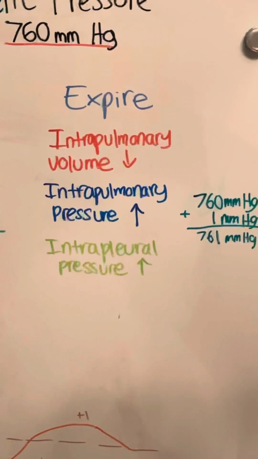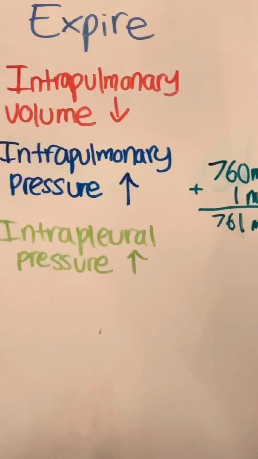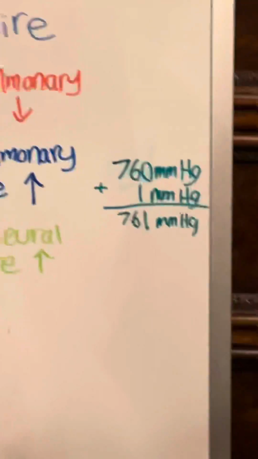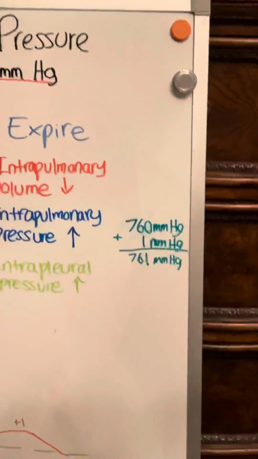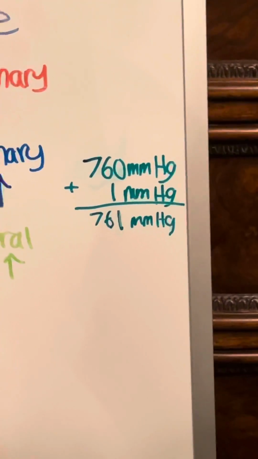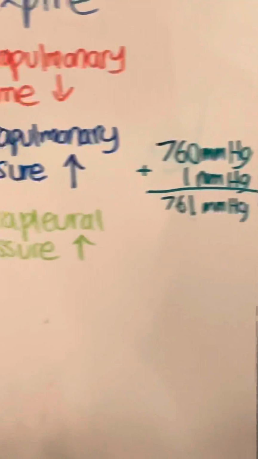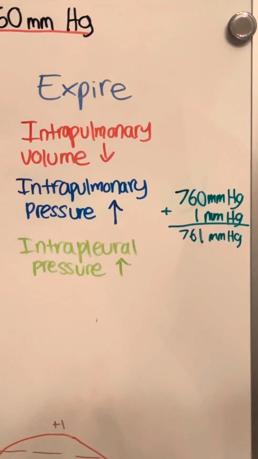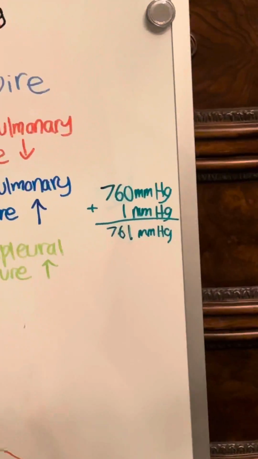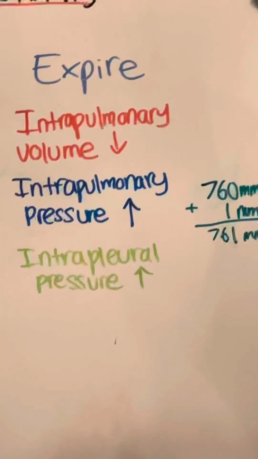When we are expiring, all the volume is out. So what does that mean? Intrapulmonary pressure has to go up. So we're going to be doing our atmospheric pressure, 760, and we're going to be adding 1 millimeter of mercury because the pressure is increasing while the volume is decreasing because of the inverse relationship. So we're going to end up with 761 millimeters of mercury.